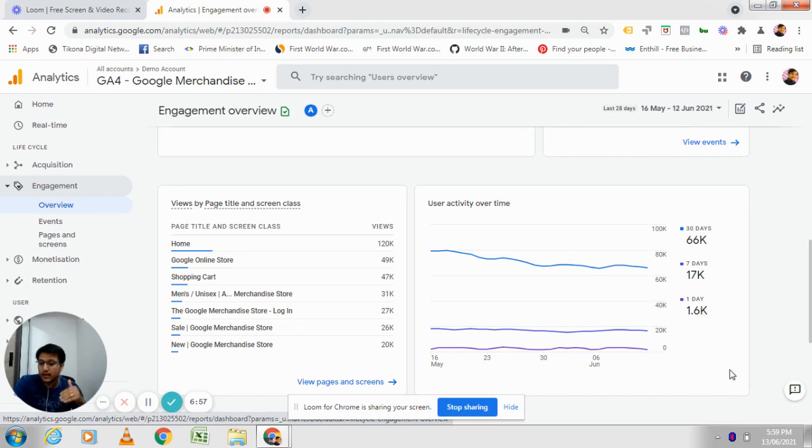Now, as an organization, as a company, you should identify, like for retail, what kind of user engagement is good, and for a company like Amazon, Flipkart, retails, what kind of engagement should be good. But mostly for retailers, or FMCG based companies, or mostly brick and mortar kind of shops, there the higher the engagement, the better it is.